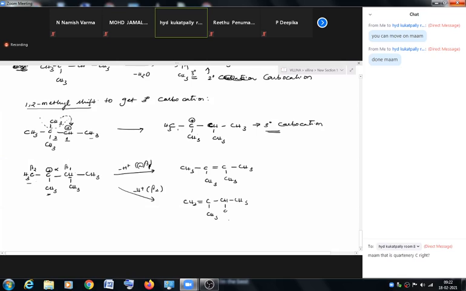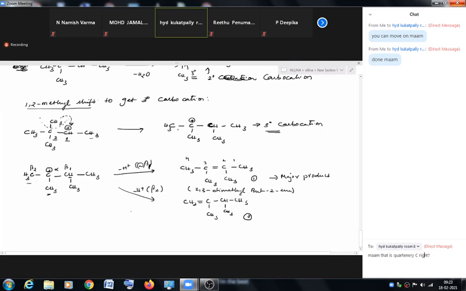So this is the possible product. So which is the most substituted alkene? This is the most substituted alkene, right? So this will be our major product. So 1, 2, 3, 4. So 2,3-dimethylbut-2-ene will be our major product.